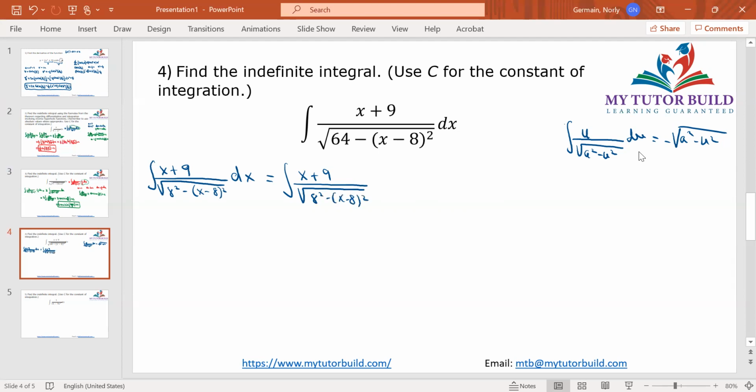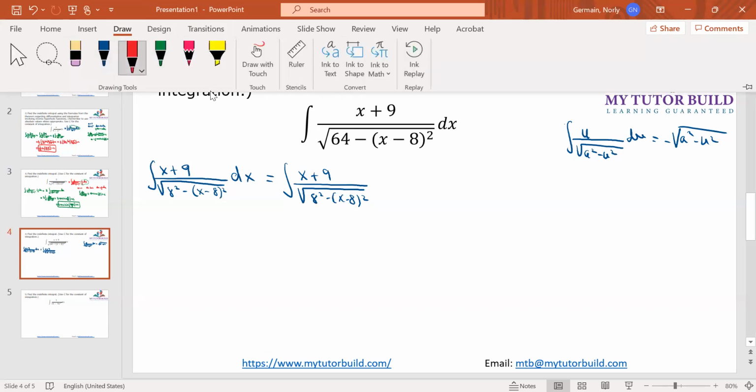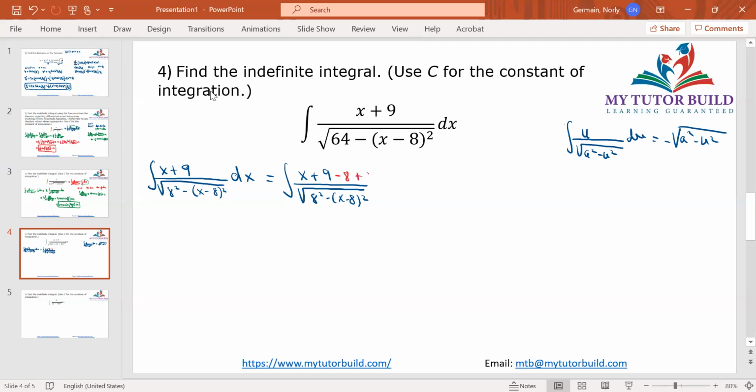Now, I want to show I can have the term x minus 8 in the numerator. So what I'm going to do is subtract 8 and add 8. By subtracting 8 and adding 8, you see that I can have x minus 8, and I have also 9 plus 8.